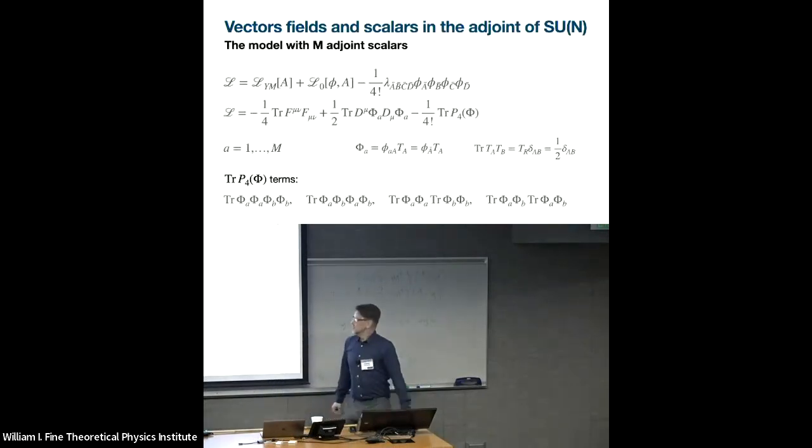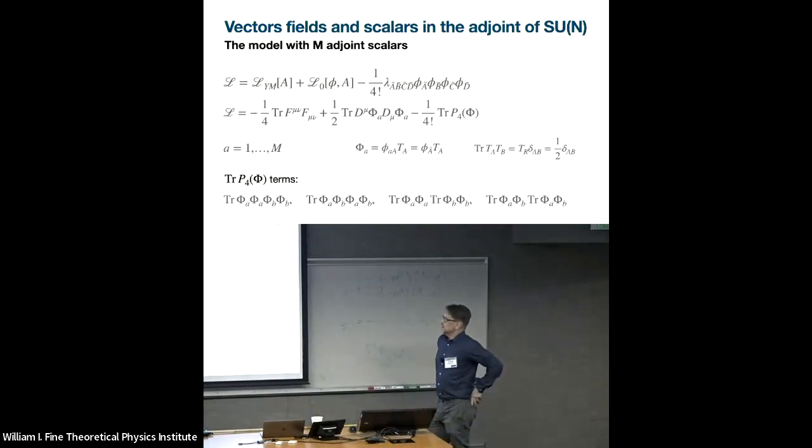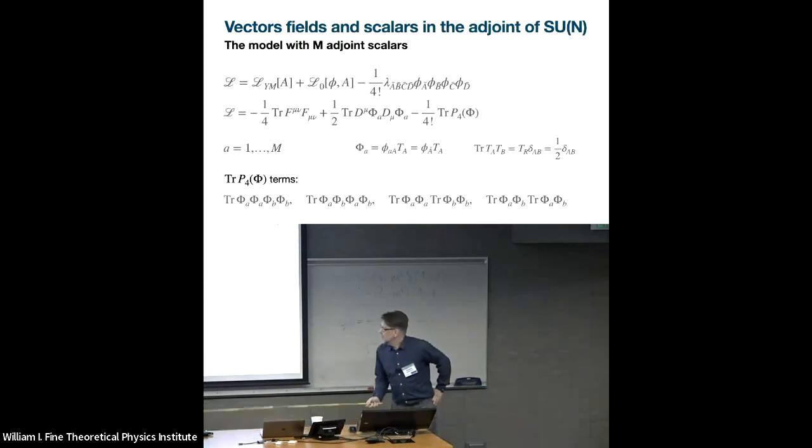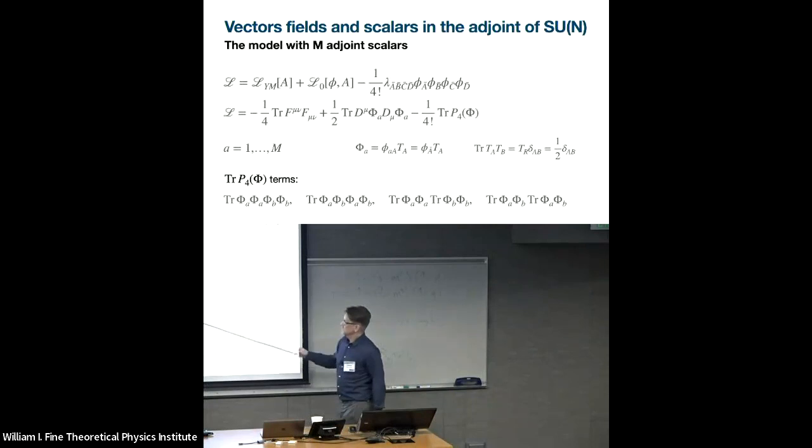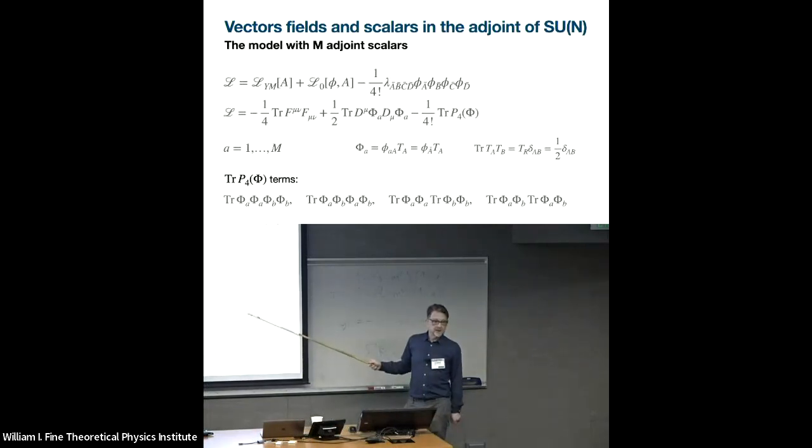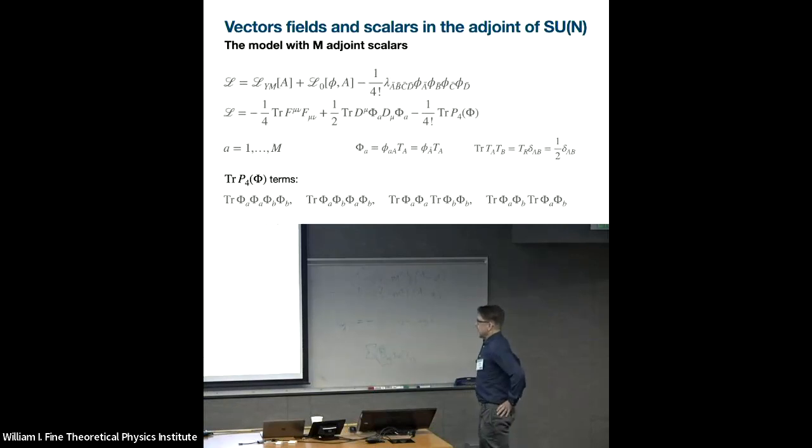All right. So this is the model. Gauge interactions, minimal coupling to scalars, and quartic couplings. I only care about the quartic couplings here. And as for notation, there are two different ways of writing this.